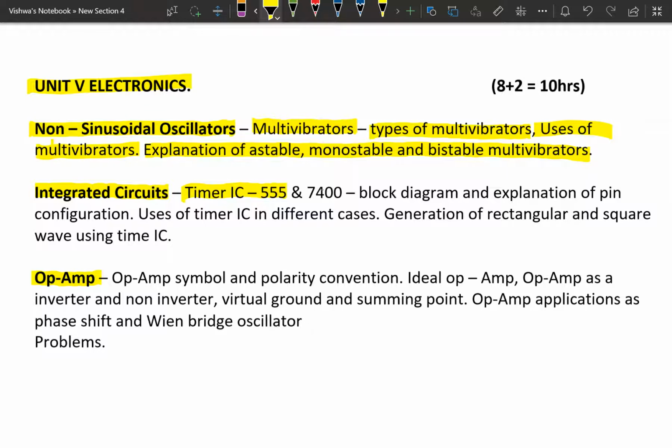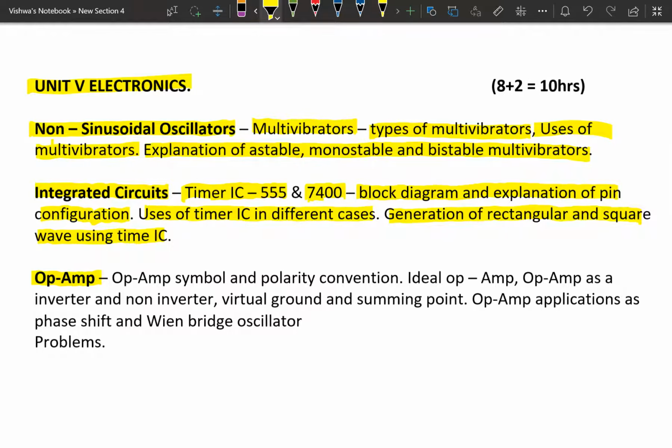Next, IC 7400, an important concept. Here we will study the block diagram of IC 7400 and an explanation of its pin configuration. Next are uses of the timer IC in different cases, and generation of rectangular and square waves using the timer IC.